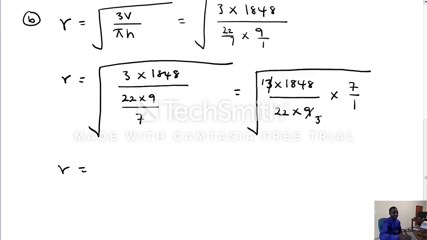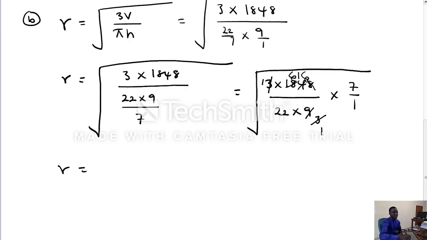Okay, 3 can still divide 3 and 1848, of which 3 into itself is 1, 3 into 18 is 6 times, 3 into 4 is 1, remainder 1, and 3 into 18 is 6.